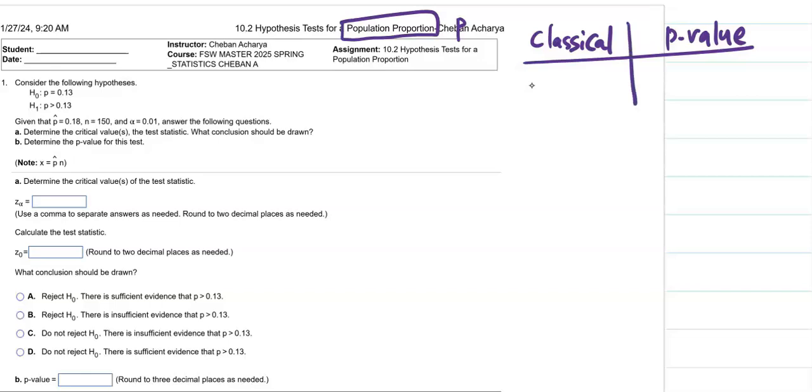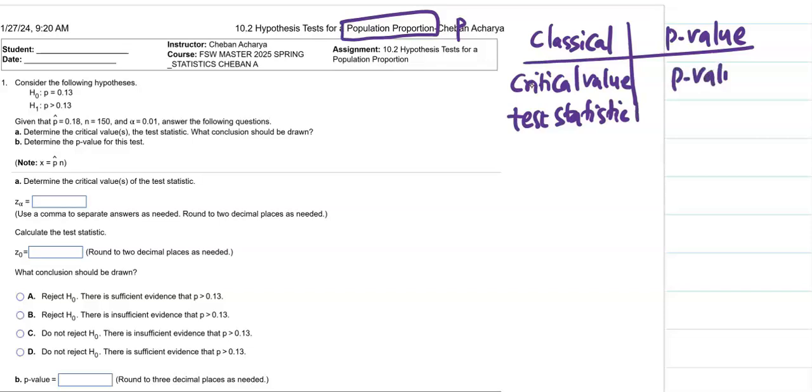For the classical method, you need the critical value z alpha, and the test statistic. For the p-value method, you need the p-value, and the alpha is called the level of significance.